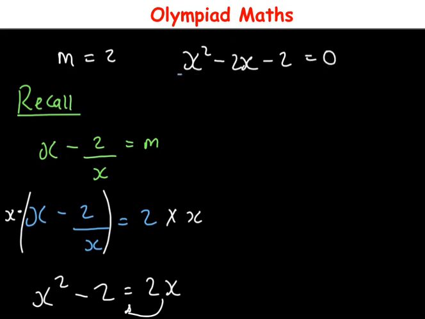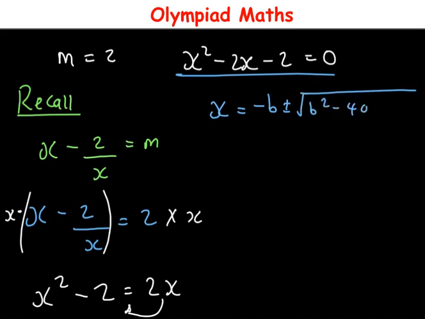To then solve this equation, we're going to make use of the quadratic formula, which is given by x is equal to minus b plus or minus square root b squared minus 4ac all over 2a. In this case, the value of a is equal to the coefficient of x squared, which is 1. The value of b is the coefficient of x, which is minus 2.